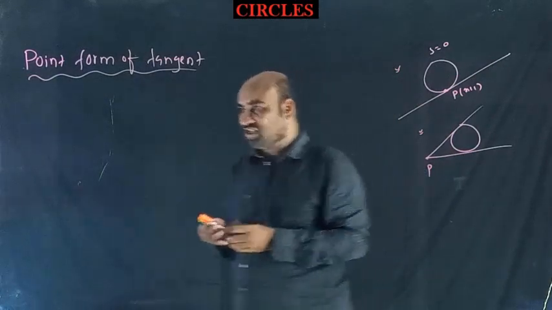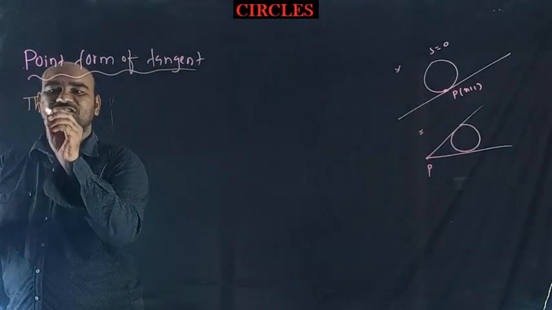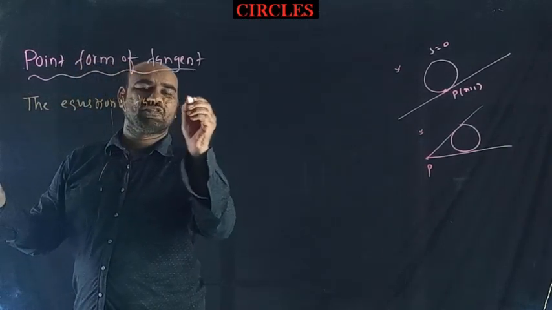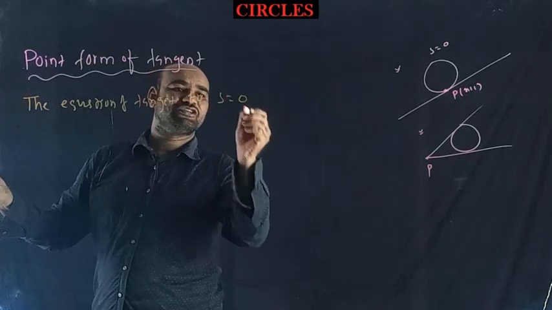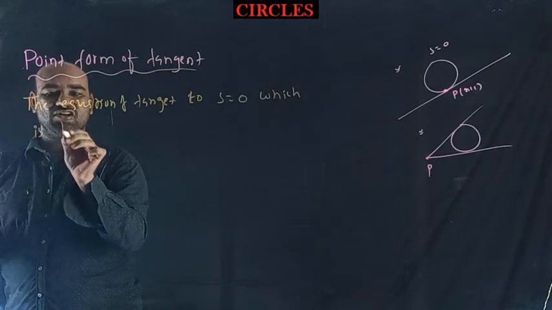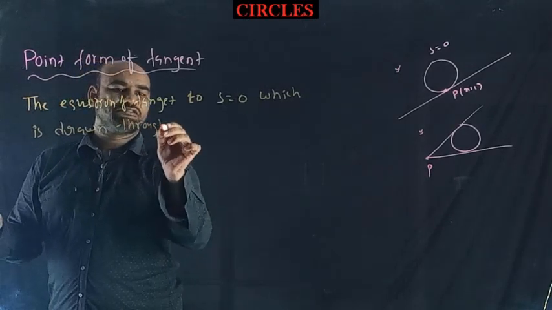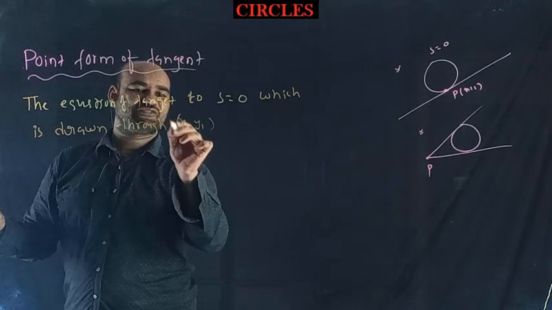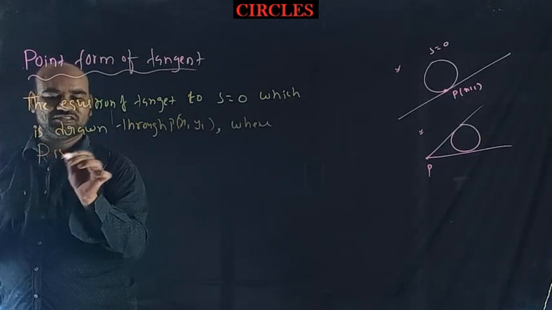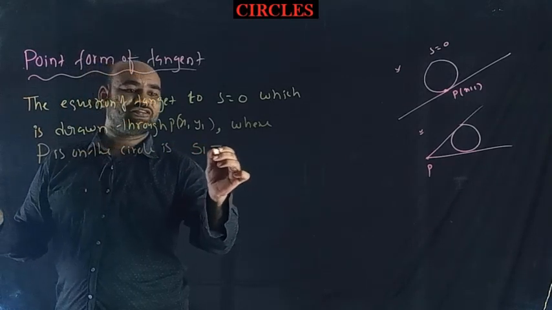Okay, see here. Now we want to find the equation of the tangent, which is said to be point form. The equation of the tangent to S equal to 0 which is drawn through P(x1, y1), where P is on the circle, is S1 equal to 0.